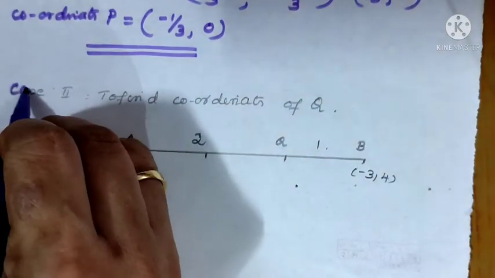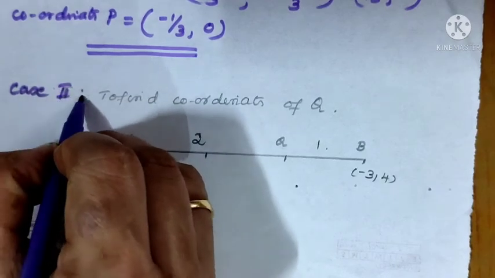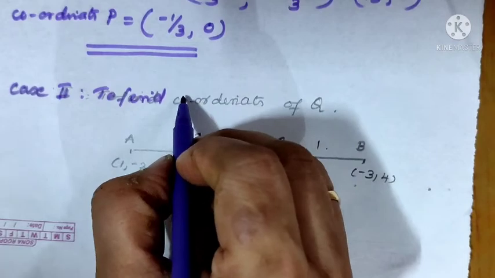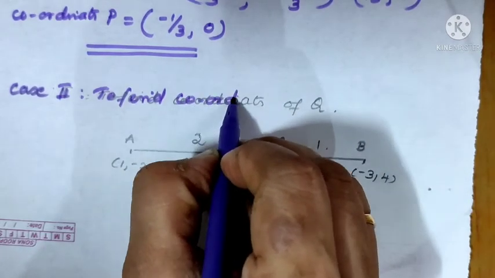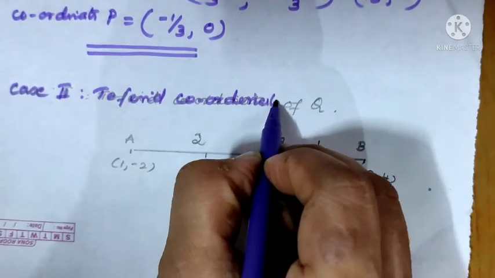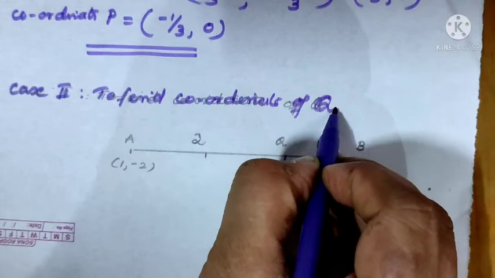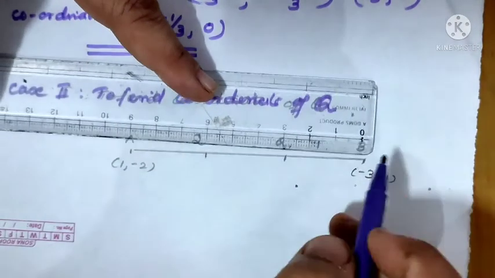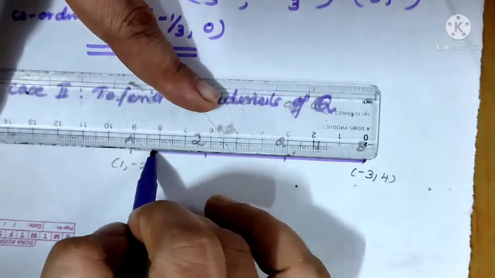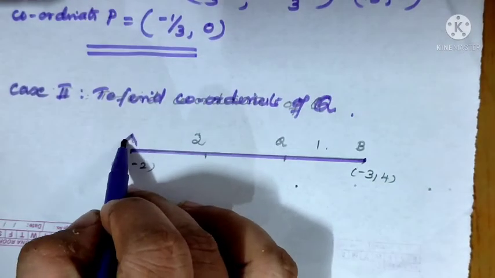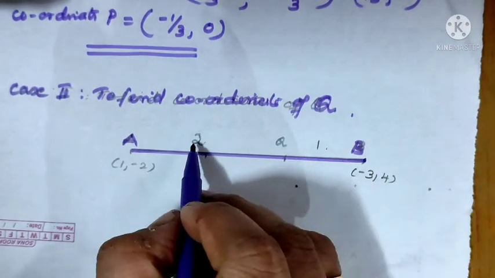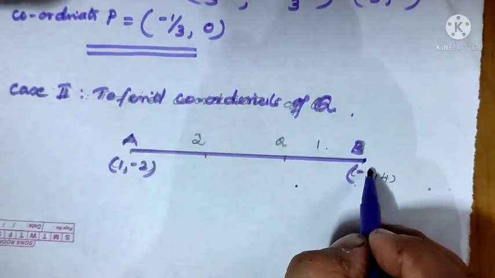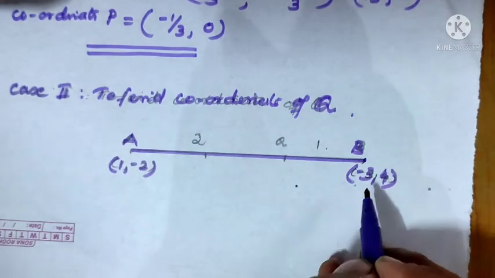So case 2, to find the coordinate of Q. So again the diagram AB, A is the point 1 comma minus 2, B is minus 3 comma 4.